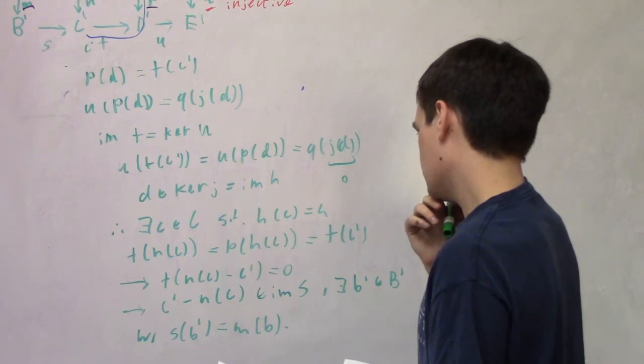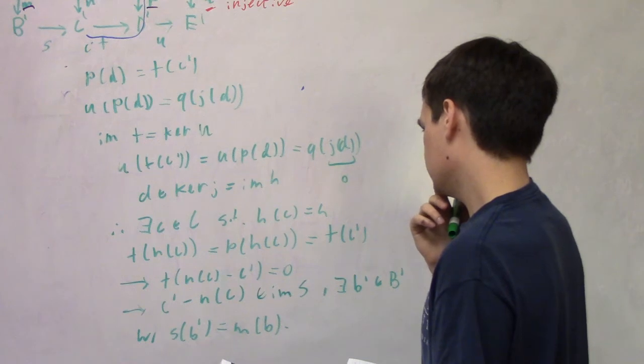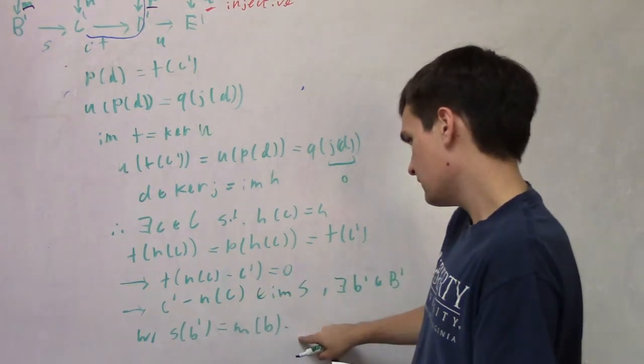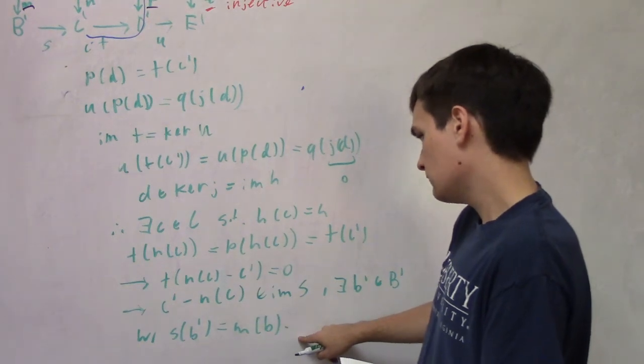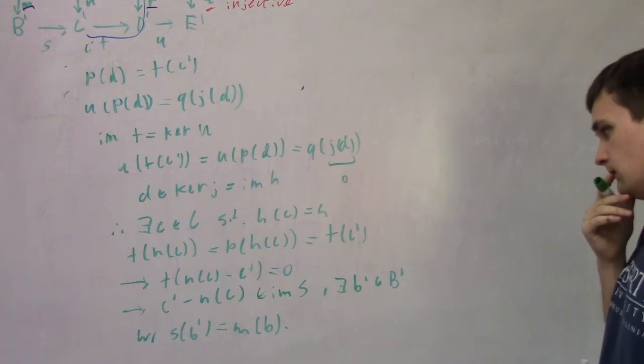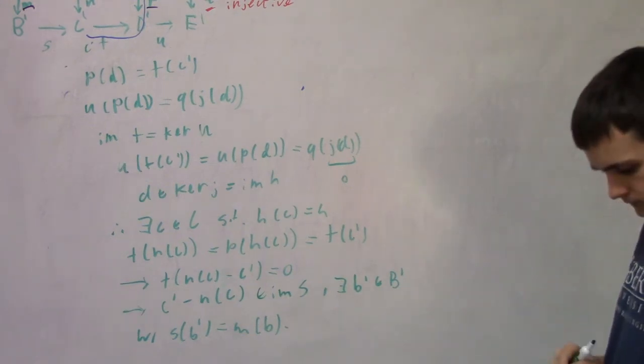What you wrote there, I think, is the surjectivity of M. Well, the point is C prime minus NC is in the image of S, right? So I'm assuming you would say S of B prime is equal to C prime minus NC.